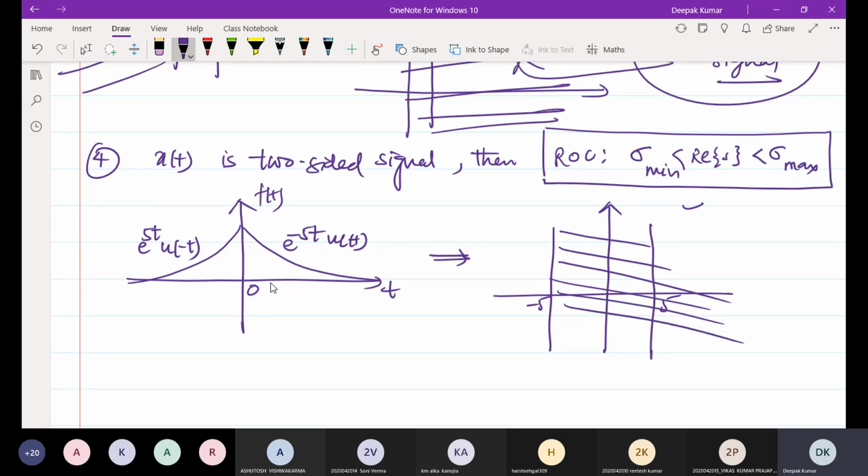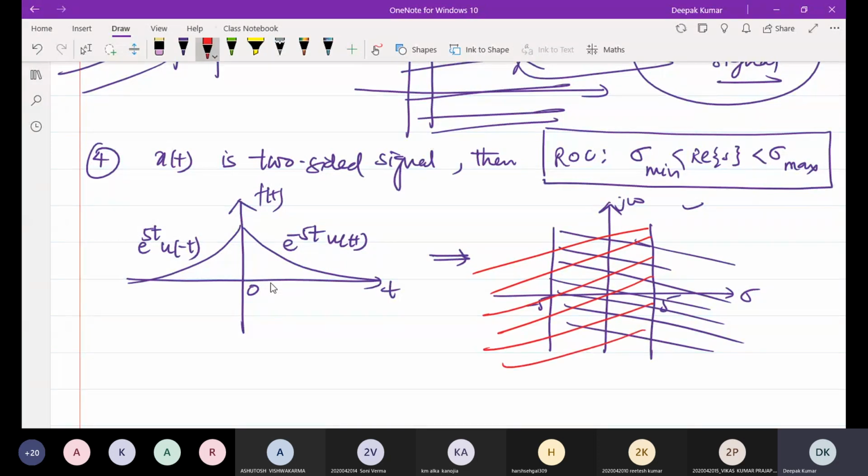Actually, it will look like this. One region of convergence is greater than minus 5, another will be left side from the 5. Now the common part of these two will be only this. The real part of s greater than minus 5 up to 5 is the common range.